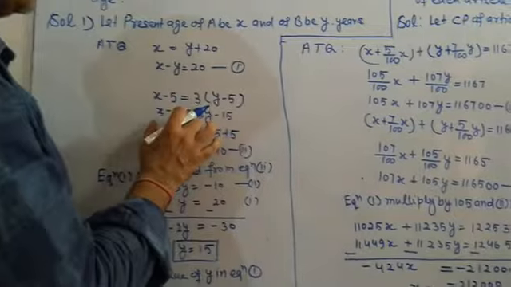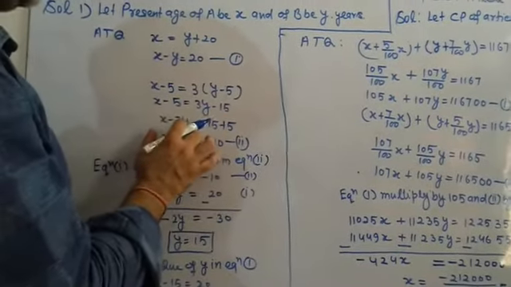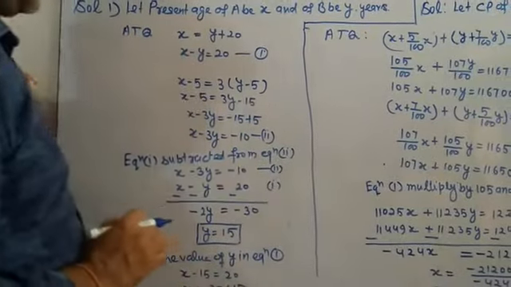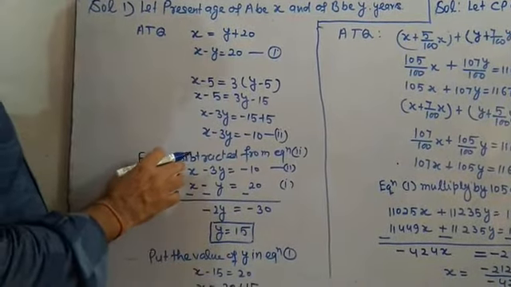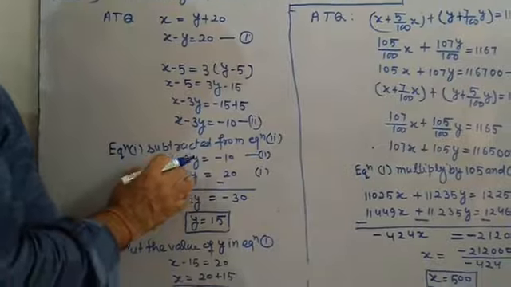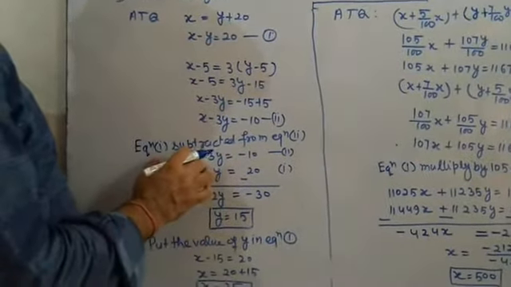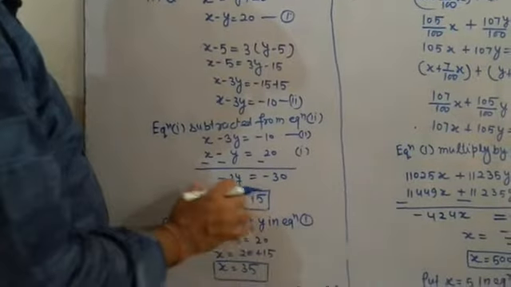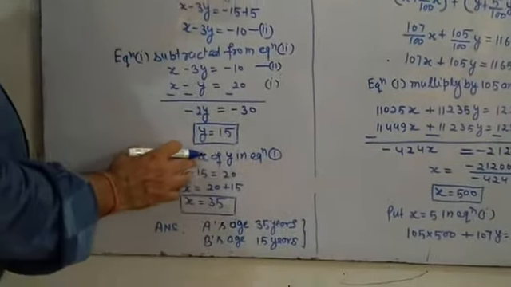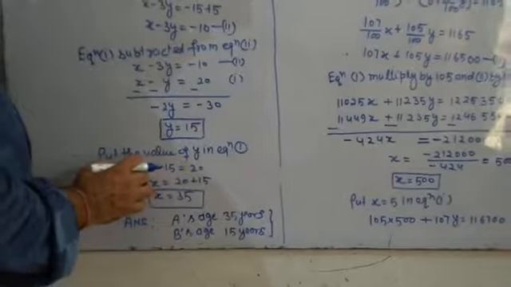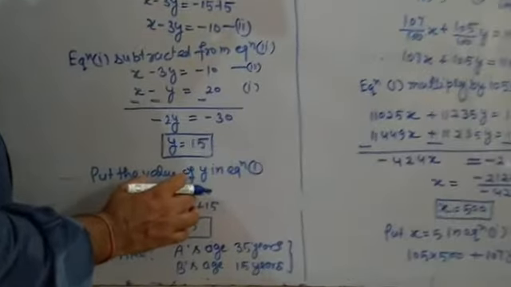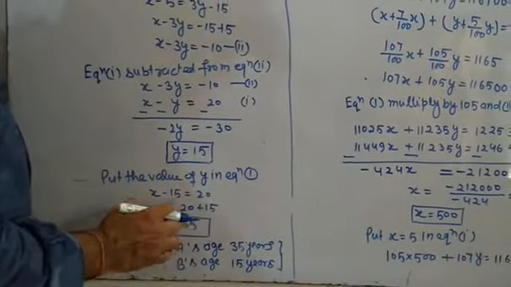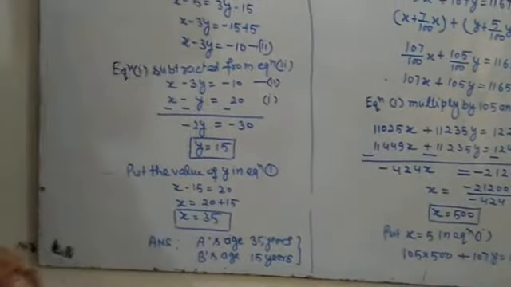x minus 5 equal to 3y minus 15, x minus 3y equal to minus 15 plus 5, x minus 3y equal to minus 10. Equation 1 subtracted from equation 2, we get minus 2y equal to minus 30, y equal to 15. Put the value of y in equation 1, x minus 15 equal to 20 or x equal to 20 plus 15, x equal to 35.